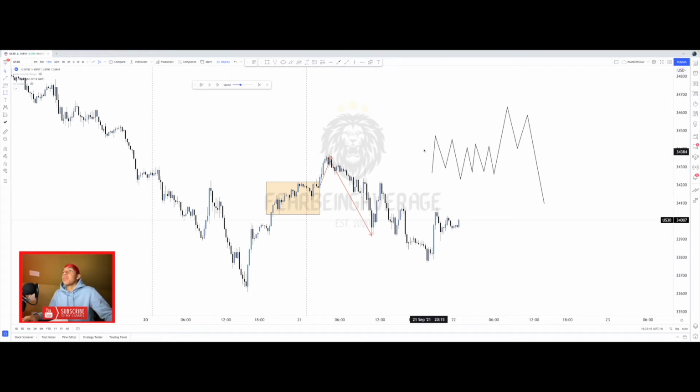What happened? Price had its consolidation right here. Price pushed up during London session, started pushing down during New York, had a retracement at 9:30. Then from here, what happened? You could have possibly pulled your fib right here, wherever you would have pulled it, had a retracement higher to go even lower to end the day.